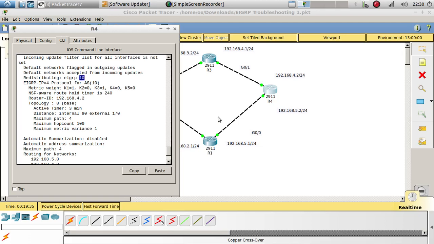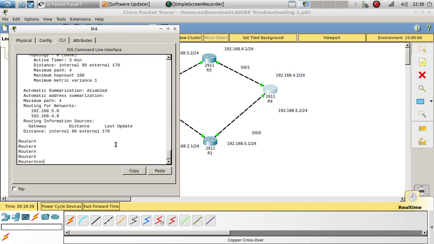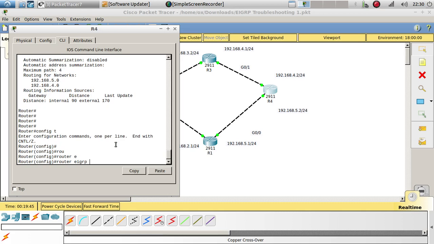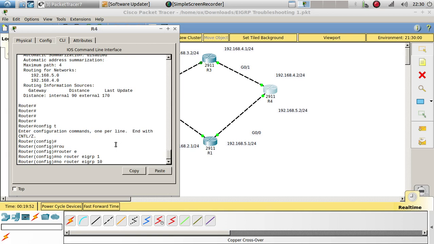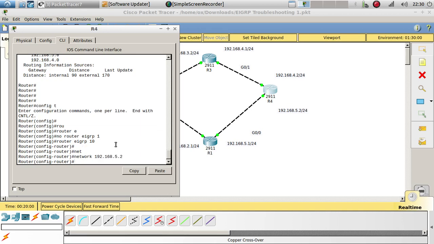So we have to go to router 4 and config T. Router EIGRP 1. Let's negate that. Let's put 10 right here. Let's add network 192.168.5.2, and then let's add that 4.2.